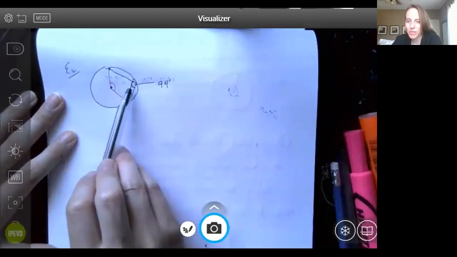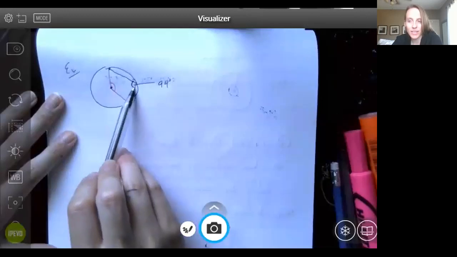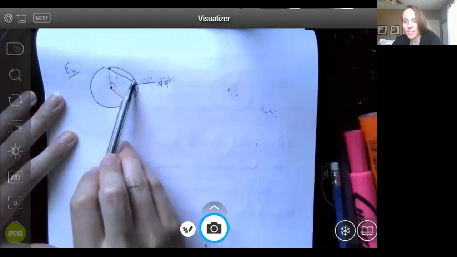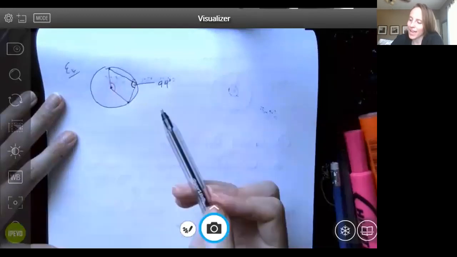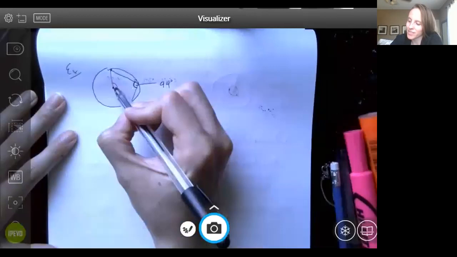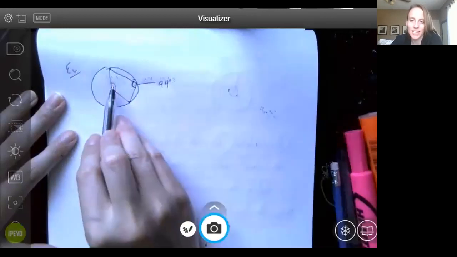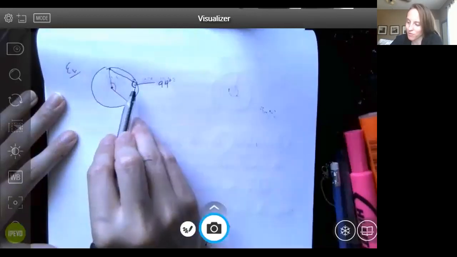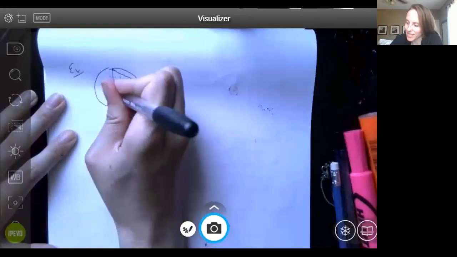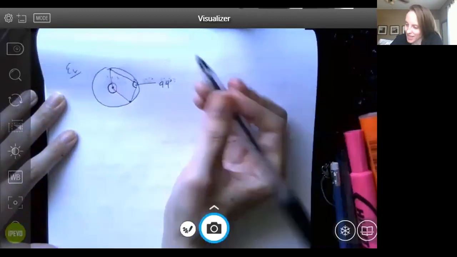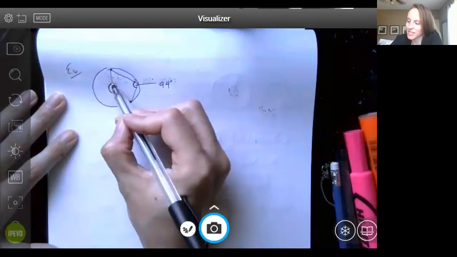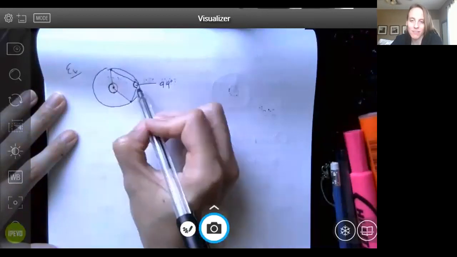Instead, what I'm going to do is say, okay, if this is 94 degrees, the central angle that is facing the same way as this would be twice 94. And if I look at my central angle, the one I've drawn in isn't facing the same direction as this 94, but its opposite angle is. This central angle is facing the same way as my 94.